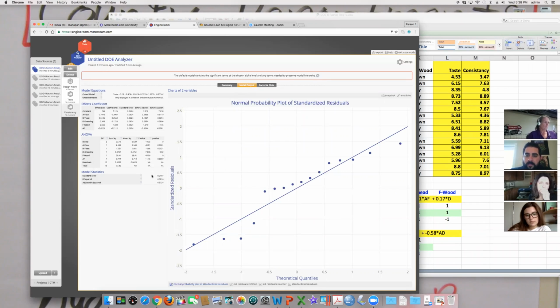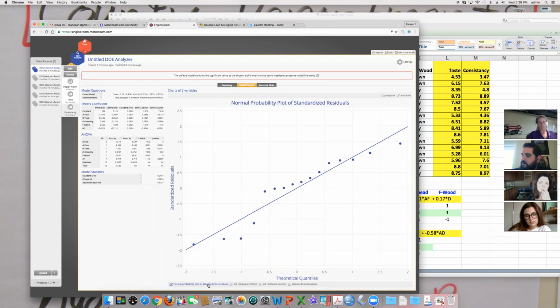Let's see the other things that we can look at. So this is the normal probability plot. We want to see the points line up along this, which would mean it's a relatively normal distribution.